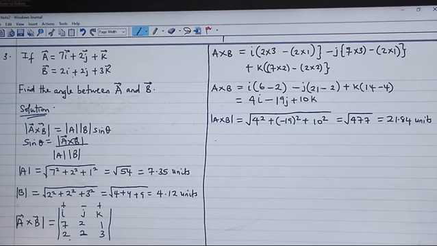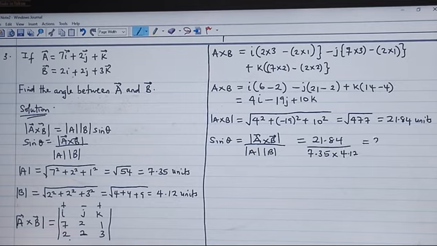So our sine theta is equal to the magnitude of A cross B all over the magnitude of A times the magnitude of B. This gives us 21.84 all over 7.35 times 4.12.